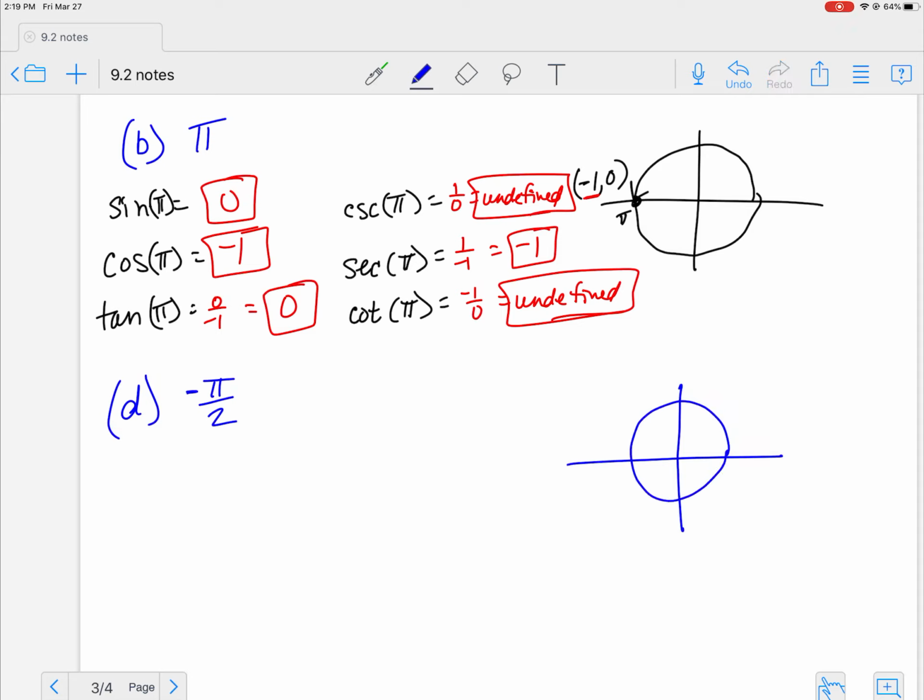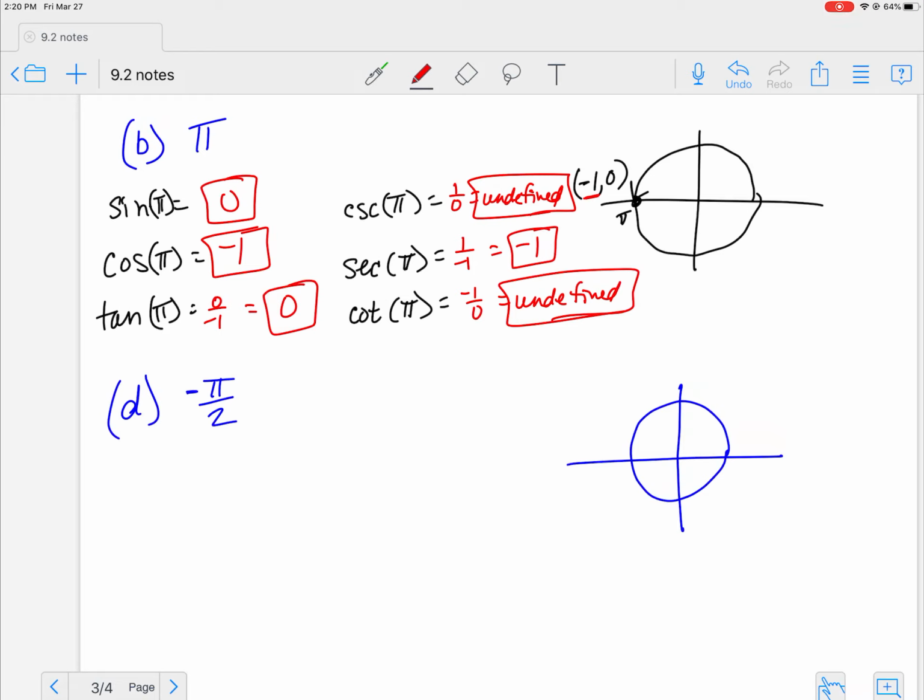If this is my unit circle, one more try. Oh my goodness, I made it worse. Not awesome, but we'll go with it. Unit circle, what happens when you have a negative angle measurement? What did we determine is going down there? You're going in the clockwise direction. So if I go down pi over 2, now what did we say pi over 2 was?